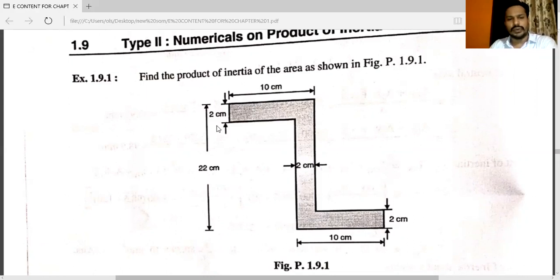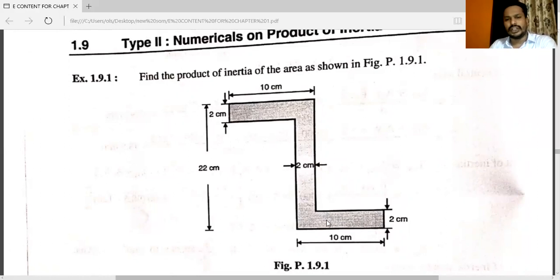Height is given, that is 22 centimeter. The thickness of the top flange is given 2 centimeter. This distance is given, that is 10 centimeter. Bottom distance is also given 10 centimeter. And this one is 2 centimeter. So web thickness is also 2 centimeter.